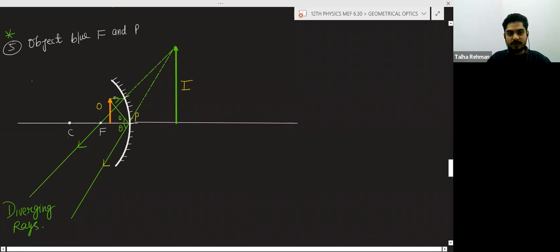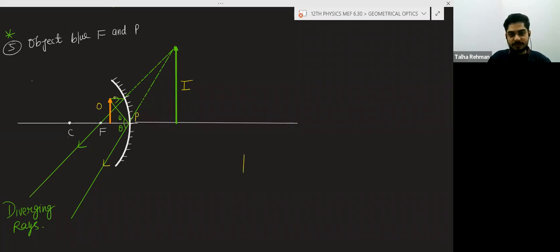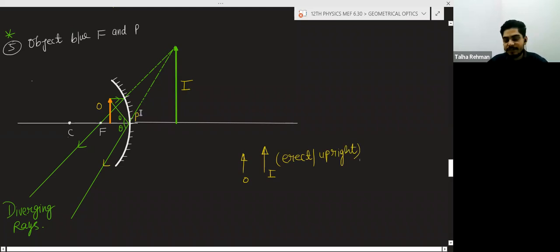And now see, if this is the condition, this is object and this is the image, then this image is an upright image or erect image. We call it upright or erect. So this is the virtual and erect image, it is clear, and this image is forming in the mirror.